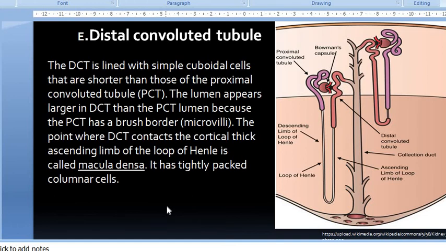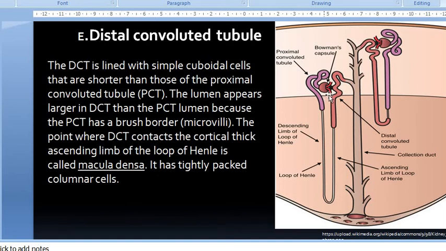The lumen appears larger in the distal convoluted tubule than in the PCT. That is to say, the DCT is broader than the proximal convoluted tubule. The point where the DCT contacts the cortical thick ascending limb of the loop of Henle is called the macula densa. It has tightly packed columnar cells.